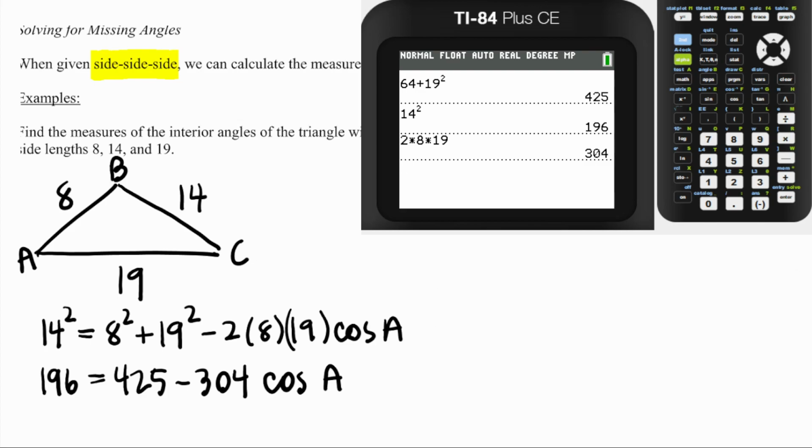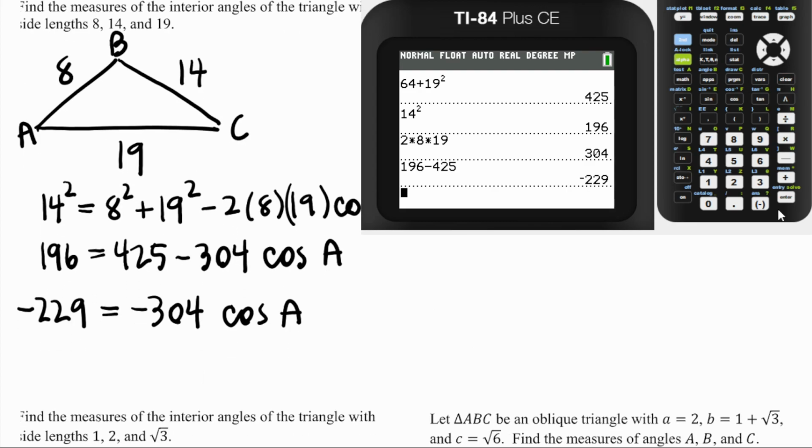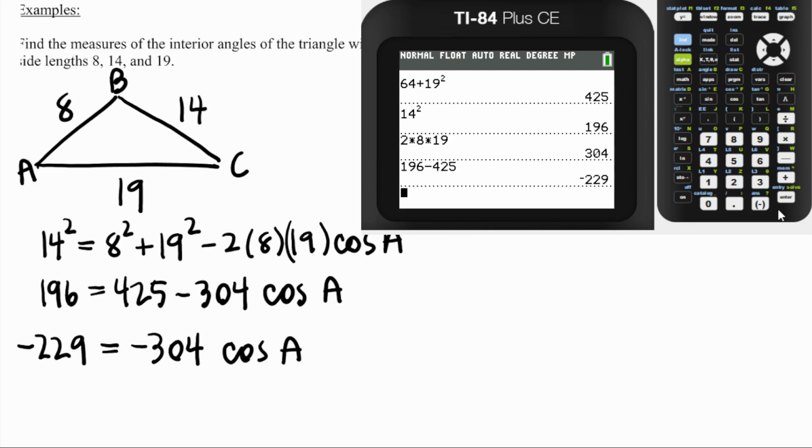Okay, so now I'm going to subtract 425 from both sides, so I need 196 minus 425. I get negative 229. So negative 229 equals negative 304 cosine of A. So I'll say, all right, divide both sides by negative 304 and say cosine of A equals 229 over 304.